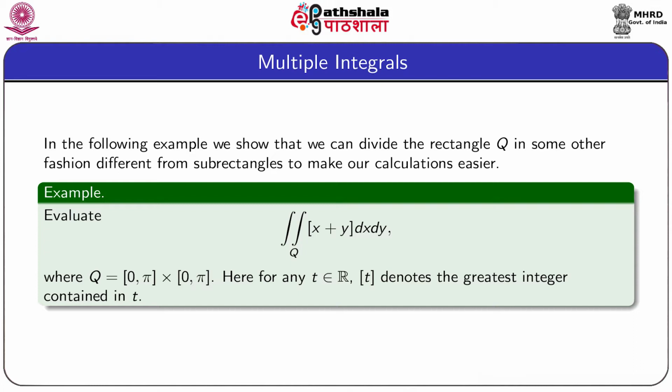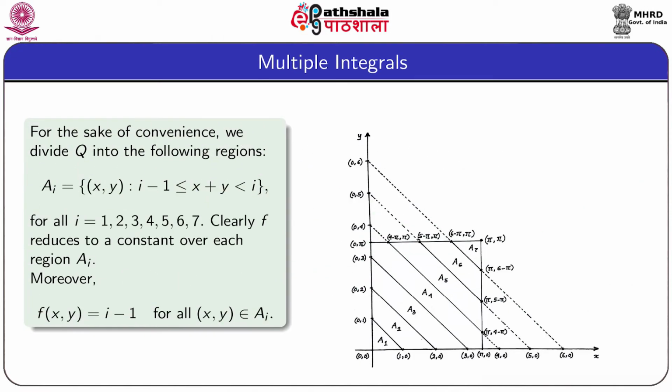We are to evaluate over a rectangle Q, that is Cartesian product of 0 to pi and itself, the integral of [x + y] dx dy, where [t] denotes the greatest integer contained in t. For the sake of convenience, we divide Q into the following regions.